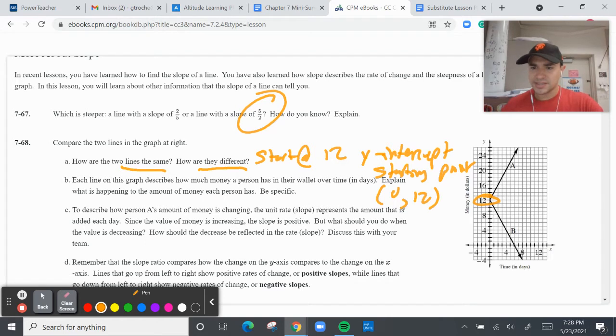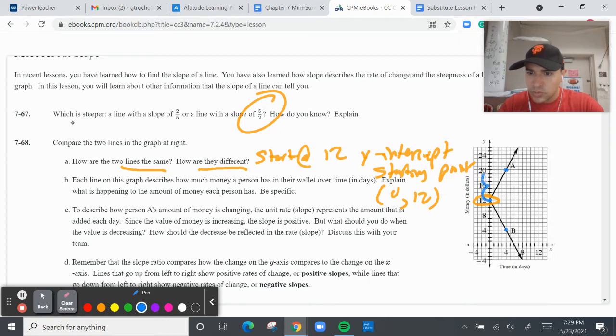The second thing is, if you look at the slopes, I'm looking for a point right here. I'm looking for another point that might be good for B. Let's see, this point right here. And so this is my starting point. So I'm going to go up all the way to, looks like 20.